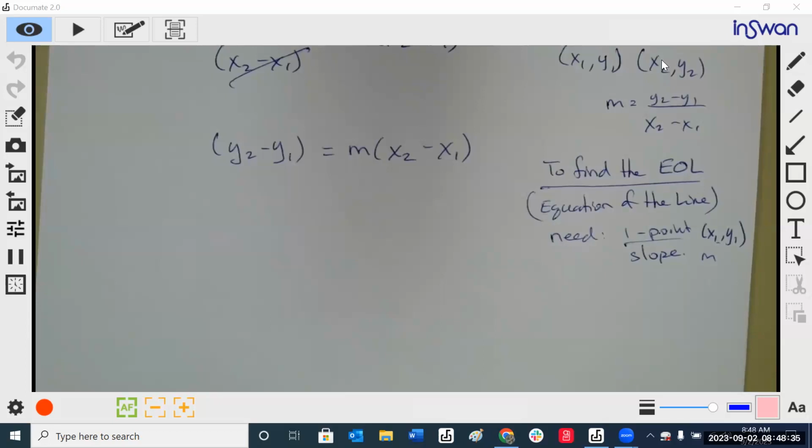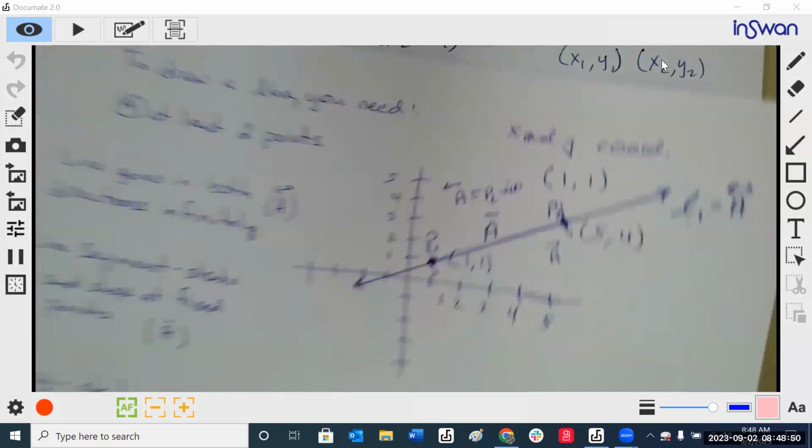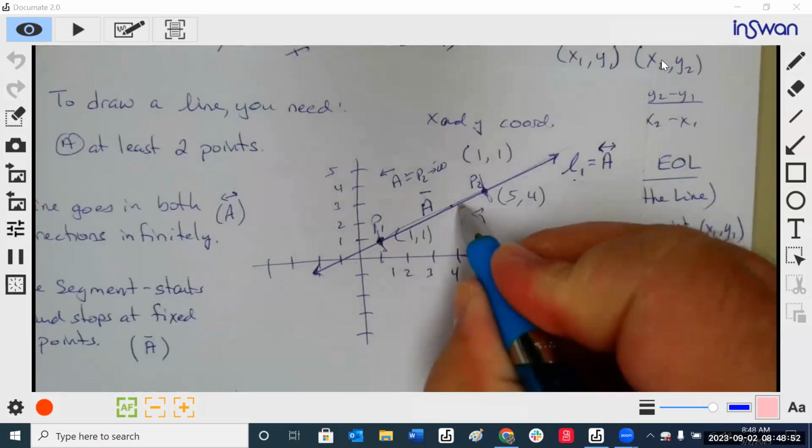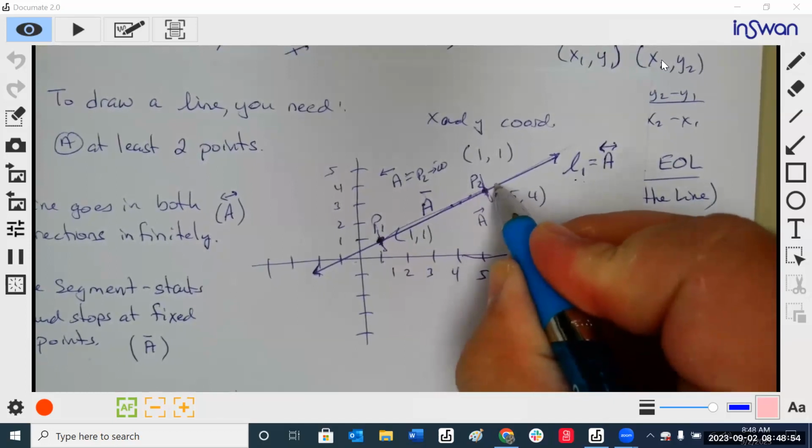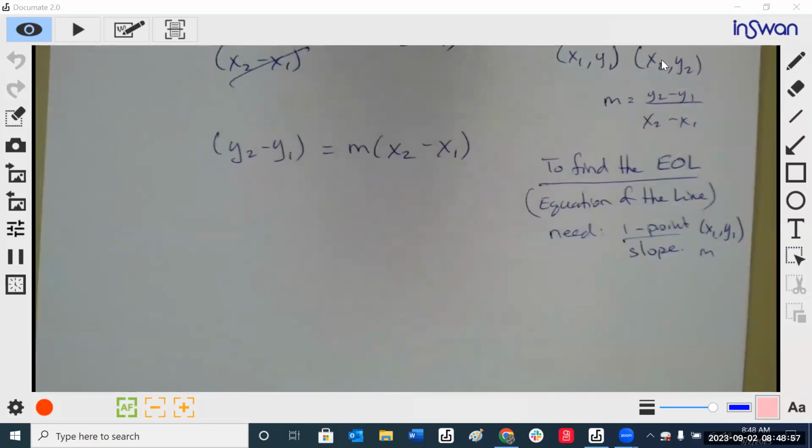Those are the other points. How many points are there on a line? That's what we need to draw a line. But how many points are on a line? Infinite number of points. Because if you think about it, there's a point, there's a point, there's a point, there's a point. So there's an infinite number of points.